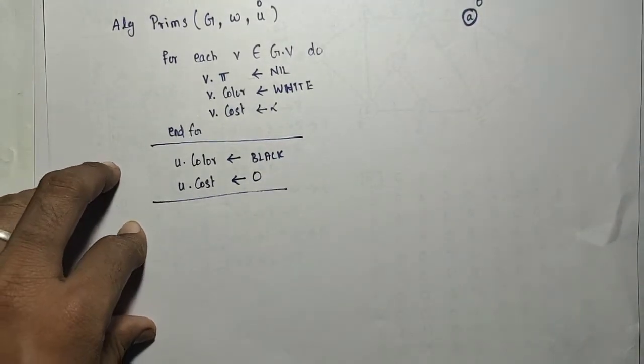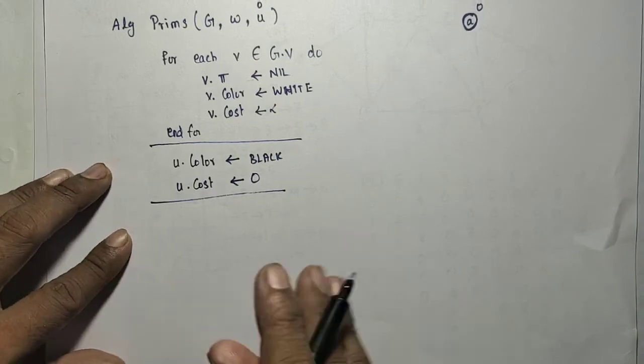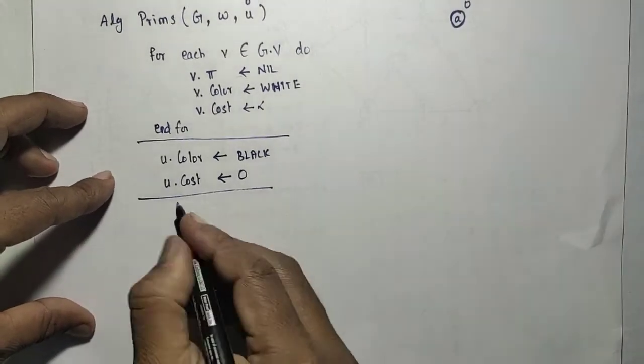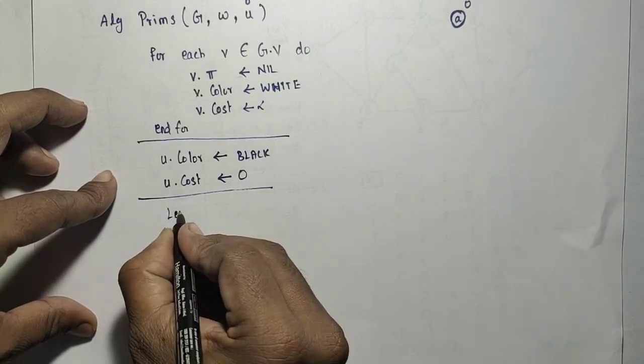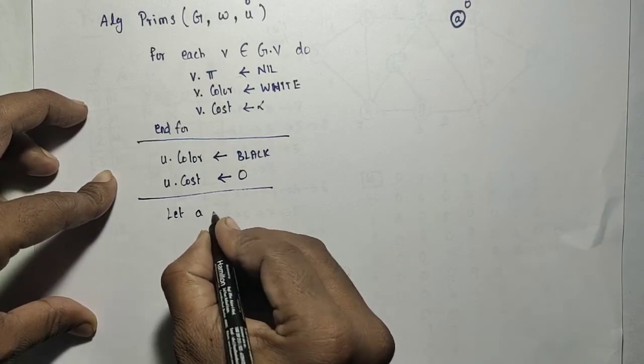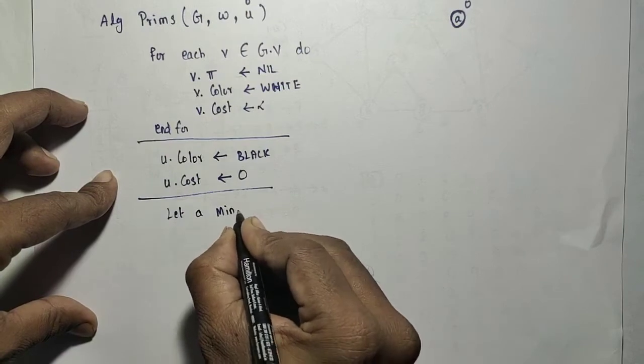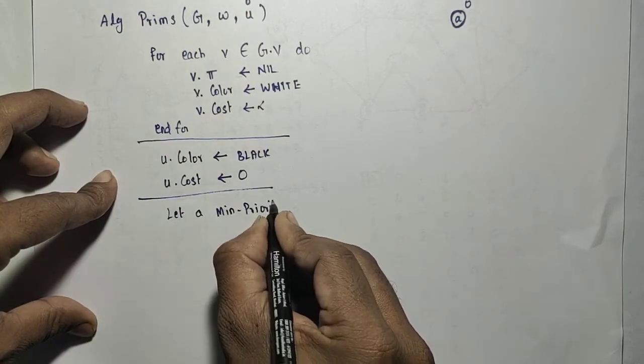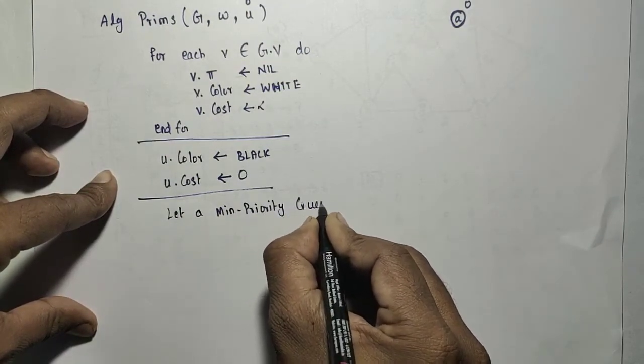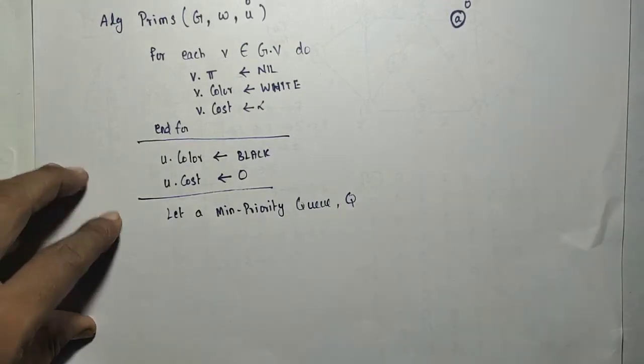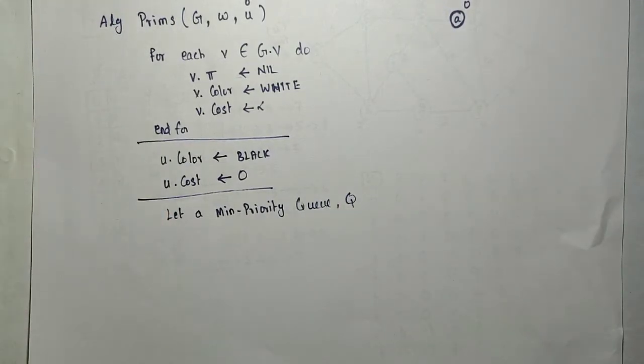The next step, we need to consider a min priority queue. Let Q be a min priority queue. Whenever we insert an element, we can retrieve the least value from it. So if I dequeue an element, it will give the element with minimum priority.